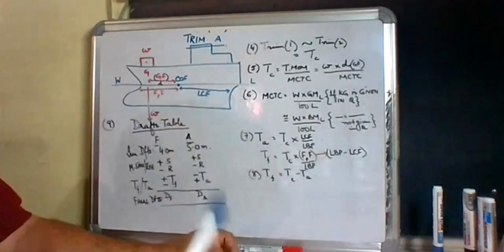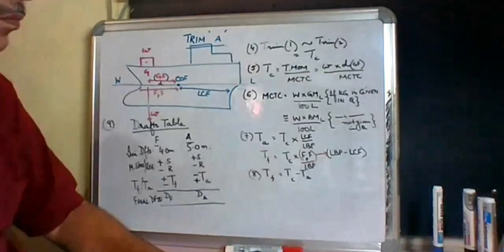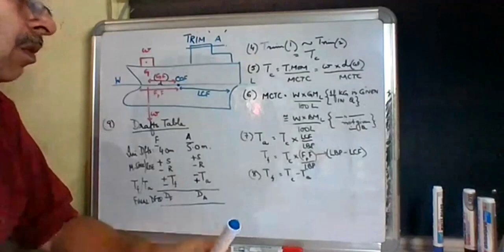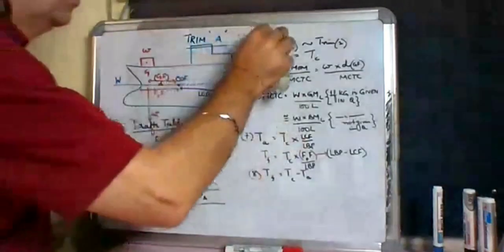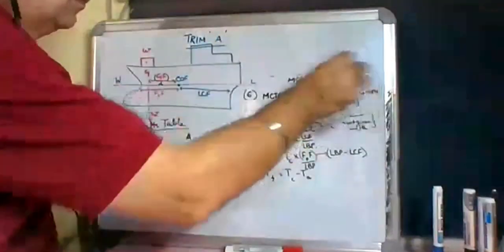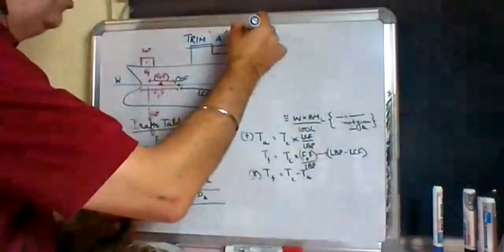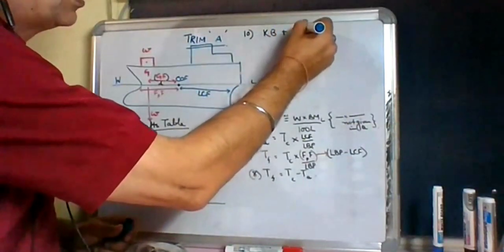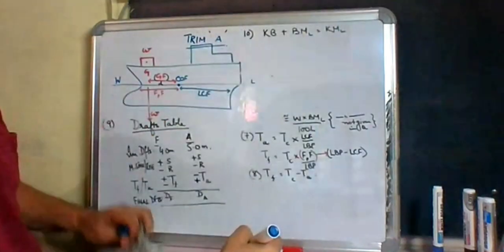Hanji, any doubts on this? How do we get GML? KB plus BML is equal to KML.